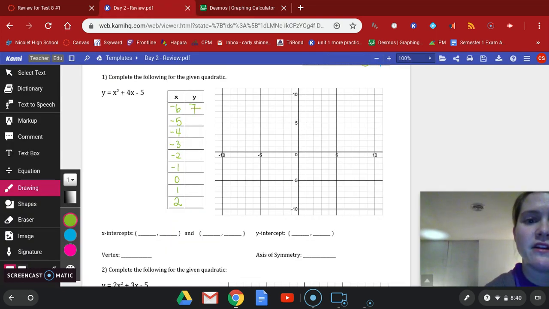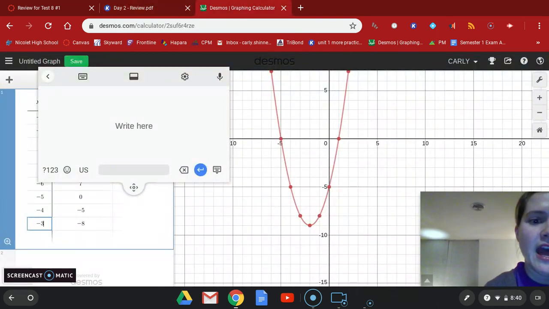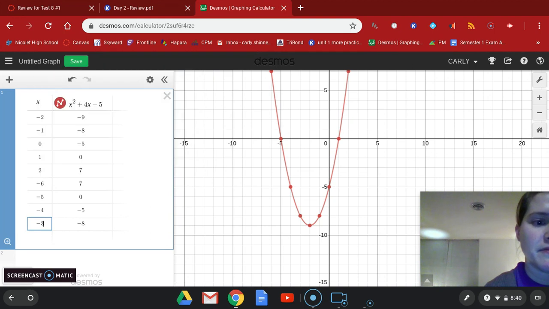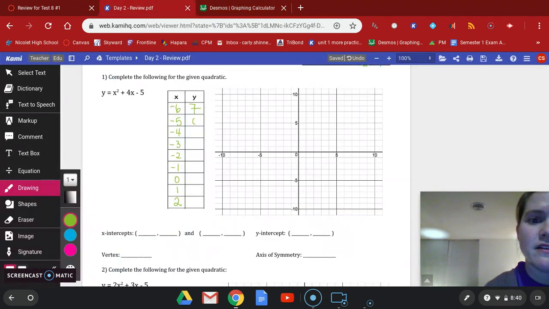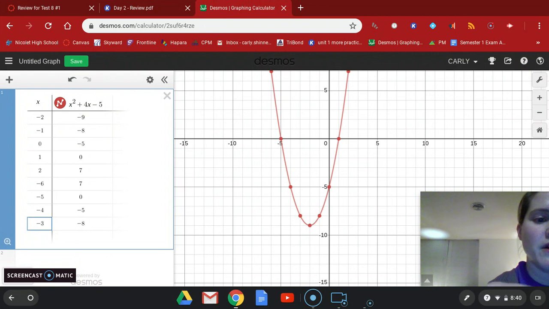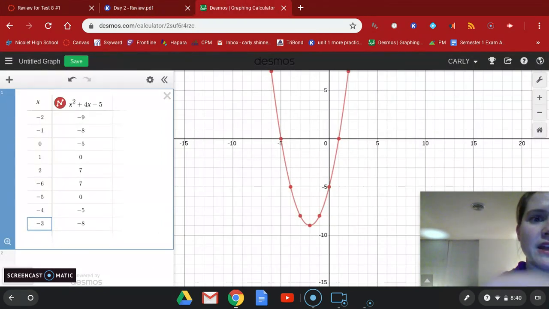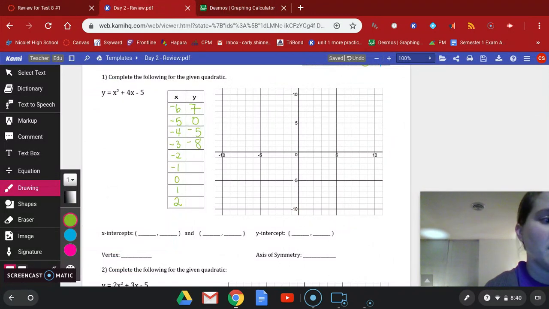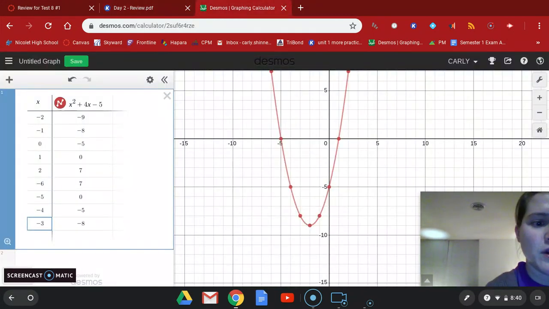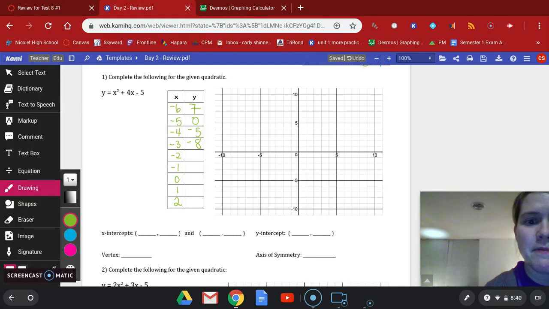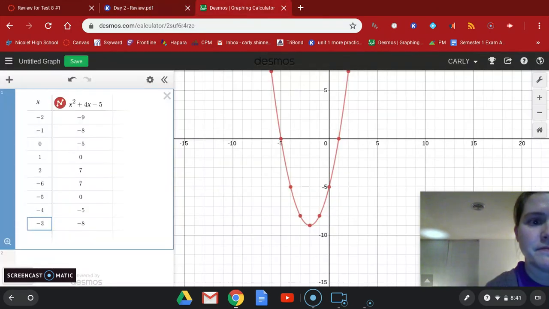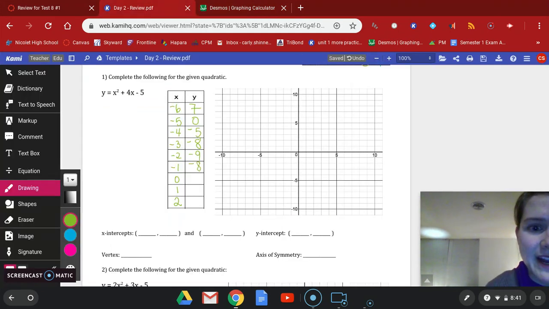So -6 has an output of 7, -5, 0, -4, -5, -3, -8, -2. Oh, that one's up at the top, -9. My memory is just not so good. All right, now I should see my values start to repeat because of the symmetry in my parabola.